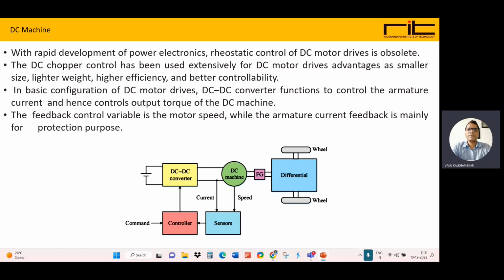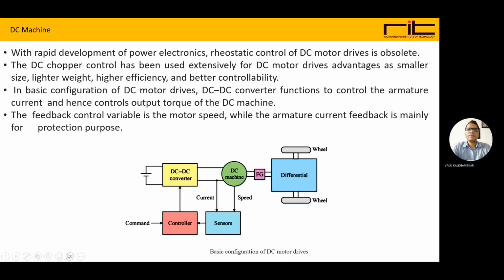Here we can see the block diagram of the DC machine drive. It has a DC machine here. Then here is the source given via this DC to DC converter.